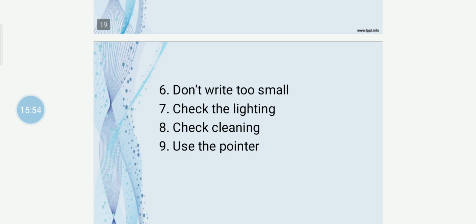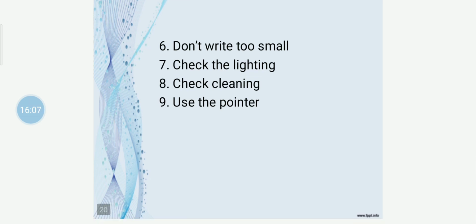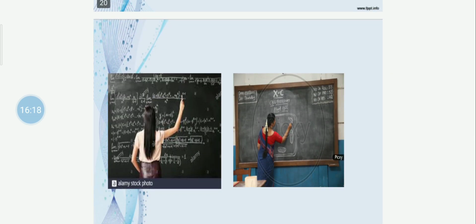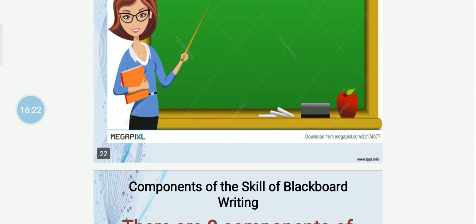Then don't write too small, otherwise vision-problem students will not get the correct idea. Then check the lighting, check the cleaning, and using a pointer is very important while teaching on the board. Use a stick or pointer, don't use your hands to point. Okay, use a pointer.